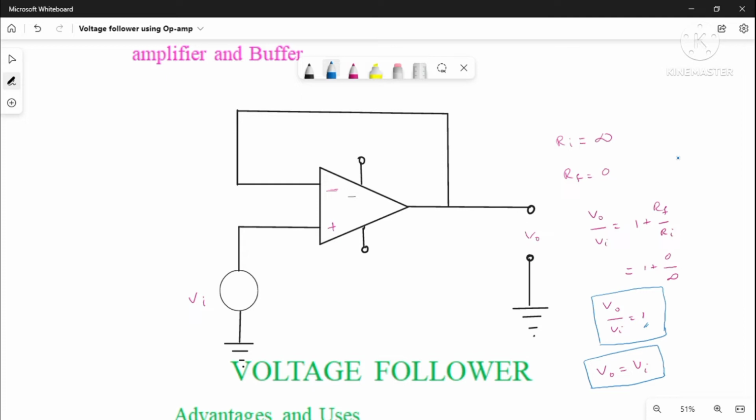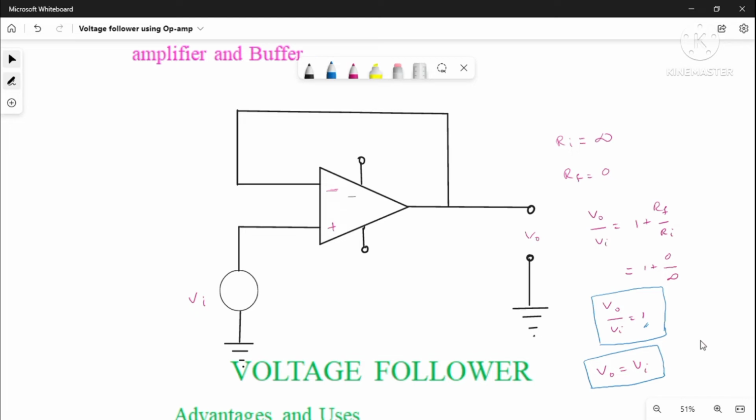So Vout by Vi is equal to 1 plus Rf by Ri. This is the gain formula for non-inverting amplifier. Substituting the resistance values, we get Vout by Vi equal to 1. This is why we call it a unity gain amplifier, or Vout is equal to Vi. The output voltage follows the input, so we call it a voltage follower.